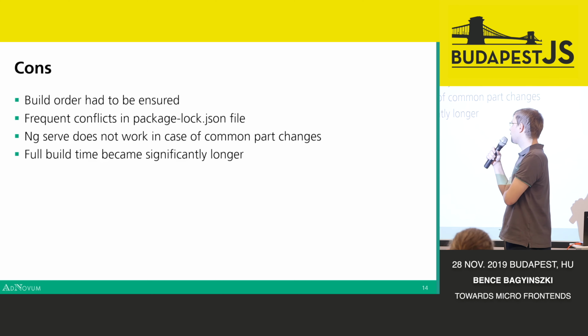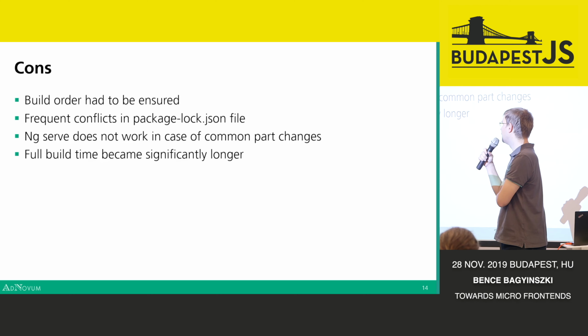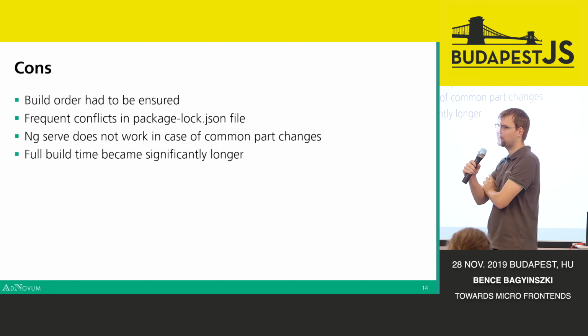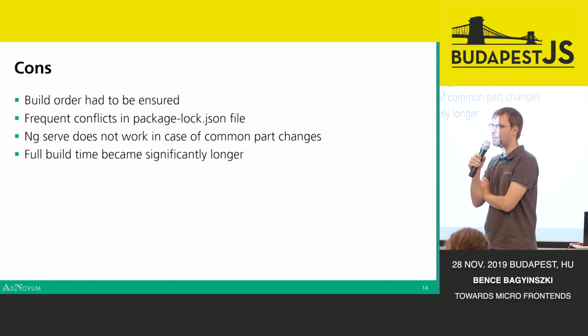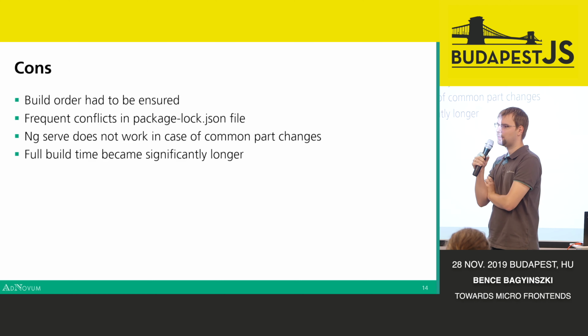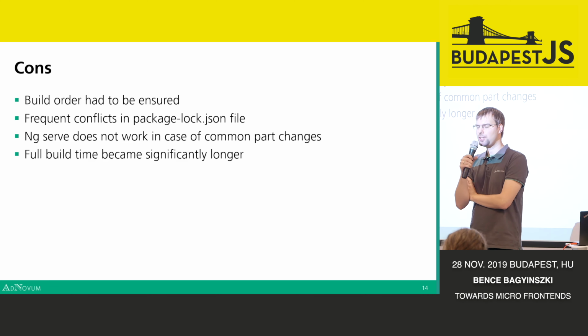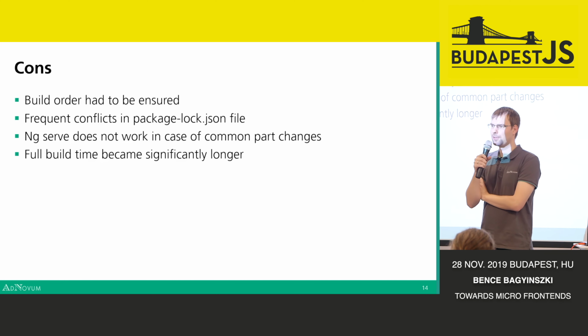We also had frequent conflicts in the package lock file because the library changed quite a lot, and the integrity hash changed with that every time as well. That means in the applications, the package lock file changed as well. And as multiple developers worked on the same project, this caused a lot of conflicts.